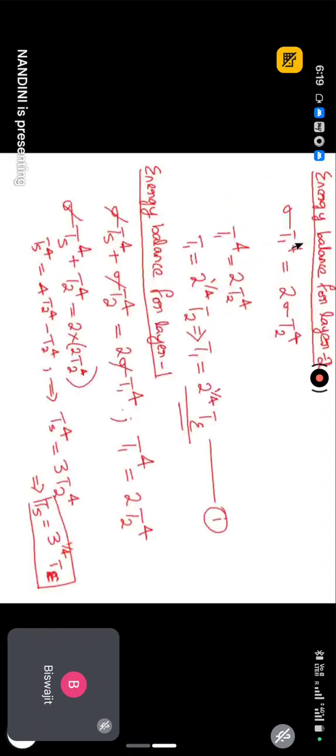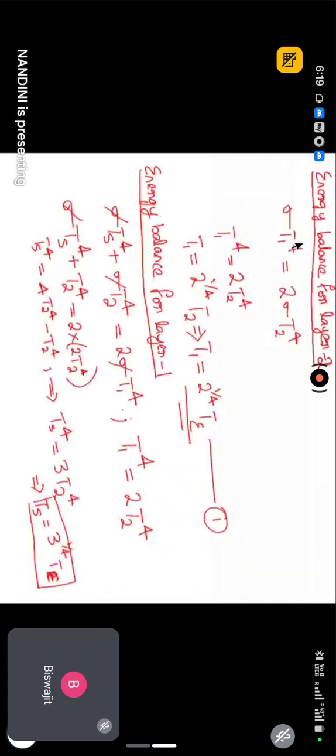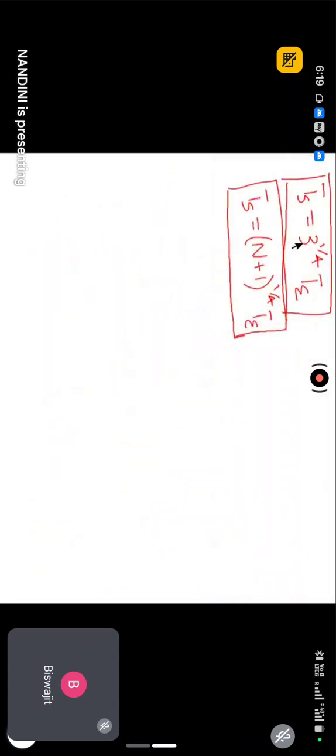Now coming back to our question. In our question, the mean emission temperature is given, which is 280 Kelvin. And in this case, we are considering two perfectly absorbing atmospheric layers. So the equation that we got is Ts is equal to 3 raised to 1 by 4 into T epsilon.